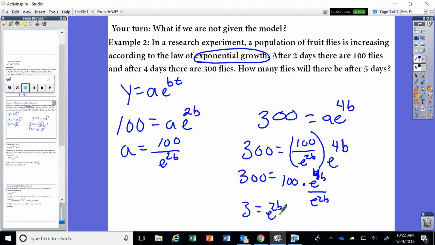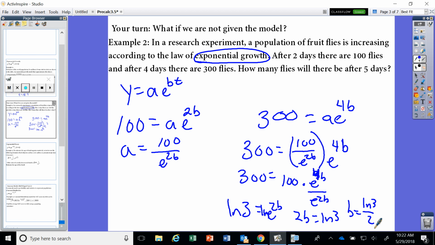So now we can natural log both sides, and we get that 2b equals the natural log of 3. We can divide by 2 to say that b equals the natural log of 3 over 2. All right. So now we've found out what b actually equals.